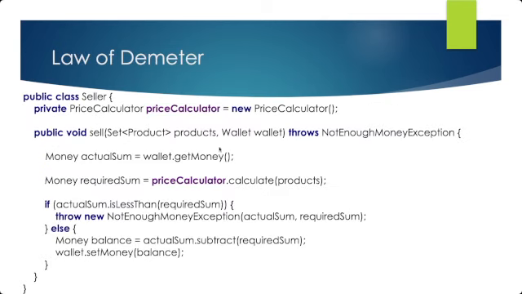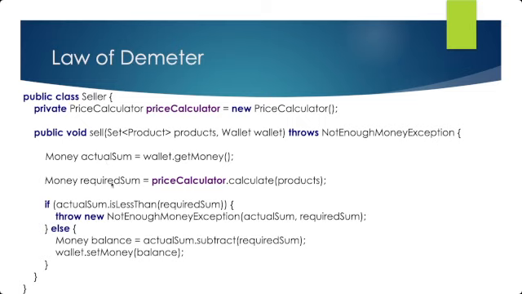So here I create the object actual sum and save the result of wallet get money inside it. It means that inside this variable I will have the money, inside this actual sum.